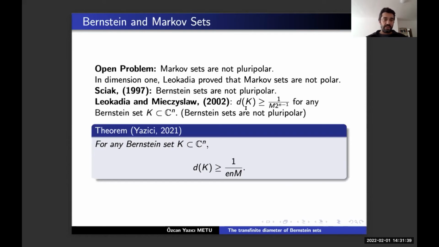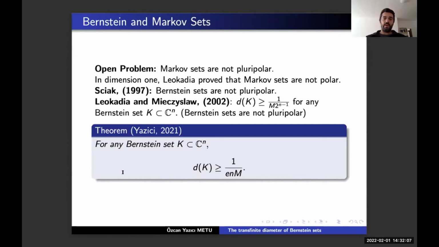And recently we proved a similar, a little bit better lower bound using a very simple technique. We show that the transfinite diameter is bigger than 1 over eNM. And in the proof, we use some extremal points other than Fekete points.